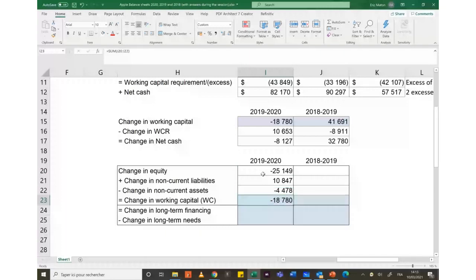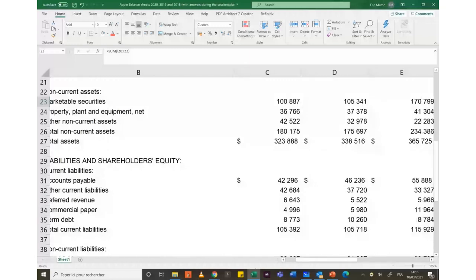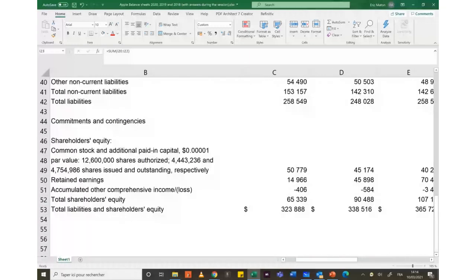So now we can see in the equity what is the problem. Why do we decrease the equity in this way? We decrease in a huge proportion the retained earnings. So what is the problem? Maybe we distributed too much dividends. If we distribute more dividends than the profit, we decrease the retained earnings.